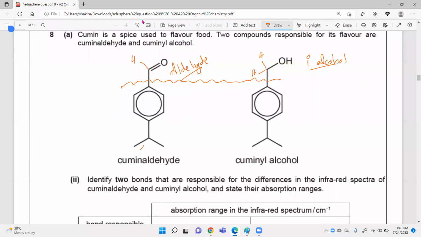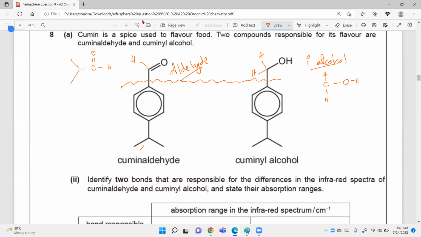Here we have carbon, double bond, oxygen, and hydrogen. This is an aldehyde functional group. And over here, we have OH. Of course, it is attached to the CH2 part. It is attached to the benzene ring.